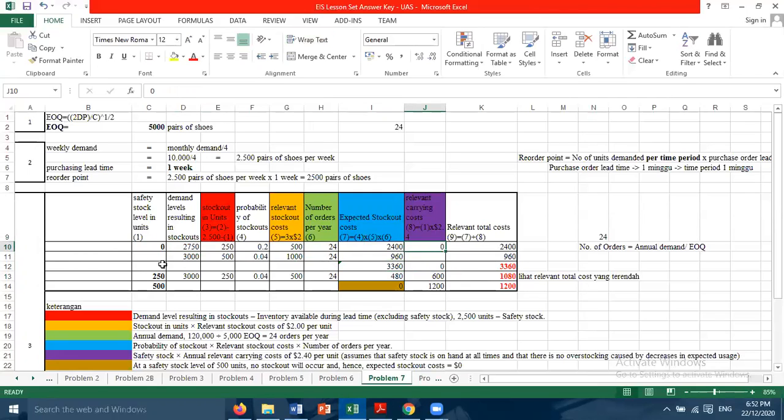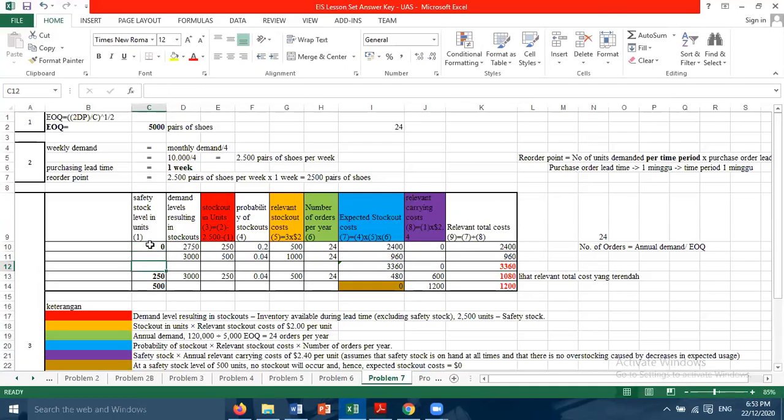Well, if we hold 0 safety stock, we don't incur any additional carrying costs, right? So the relevant carrying cost is 0. And since the number of orders stays the same, we don't add any relevant ordering costs. So our relevant total cost, if our safety stock is 0, will be 3,360.